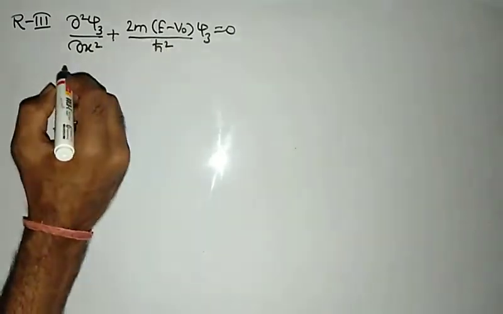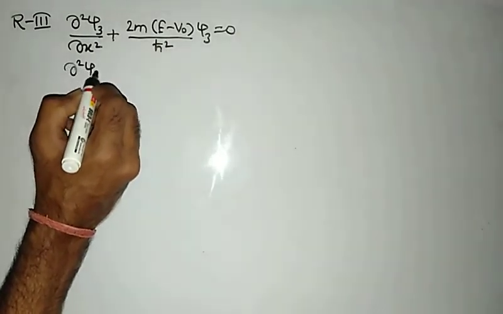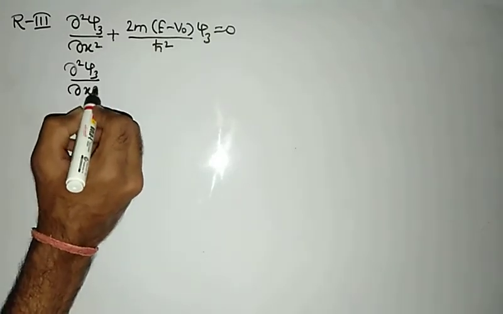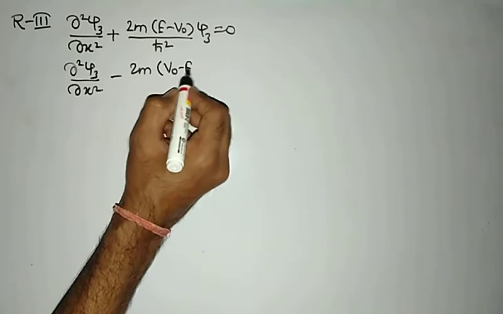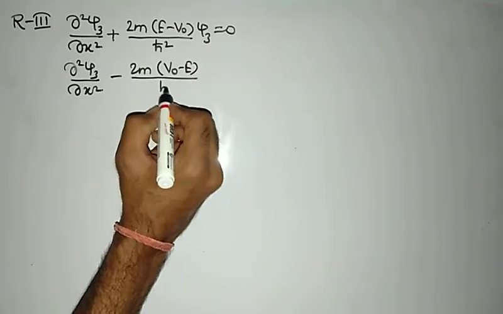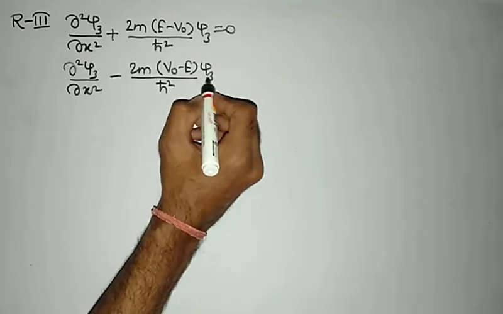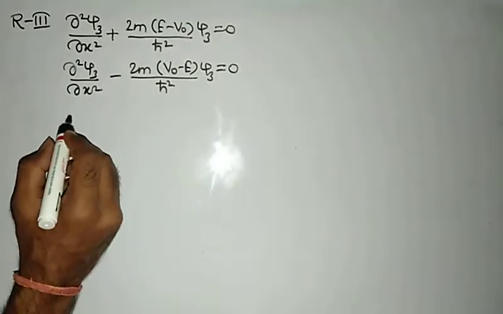Since V naught is greater than E, writing in this manner, del square psi 3 upon del x square minus 2m (V naught minus E) upon h cut square psi 3 is equal to 0.